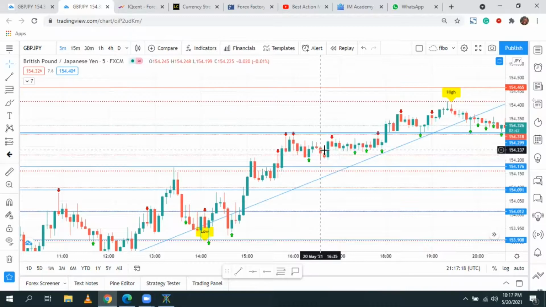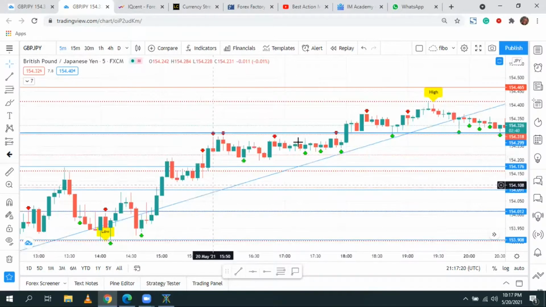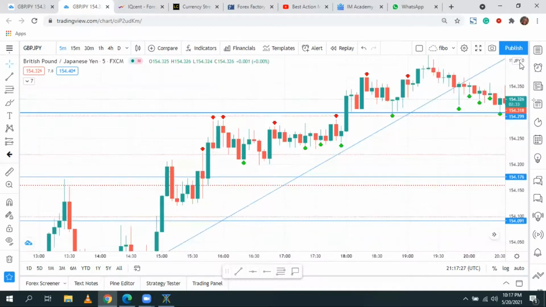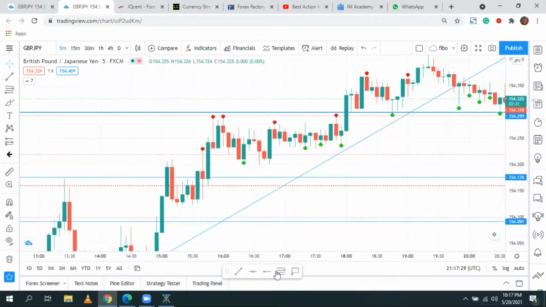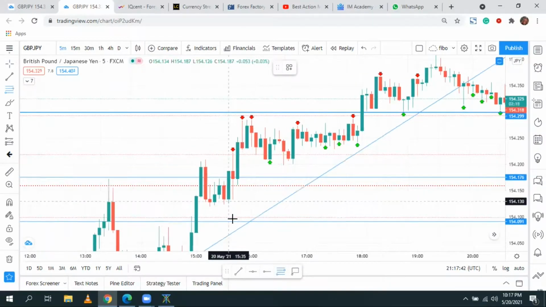So now, how do you draw your fib tool when you see that perfect opportunity? You see the market stalling at the point and you want to take the trade. So we get the body of the last movement, where the last movement started from before that consolidation. You are not coming down here.